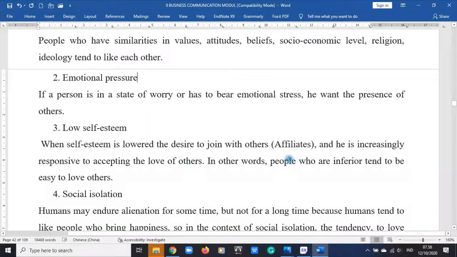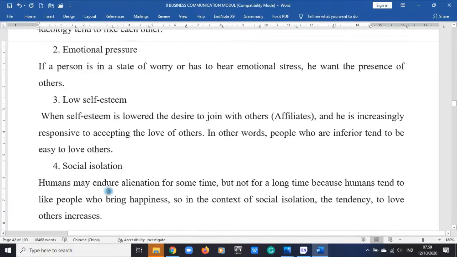In other words, people who feel inferior tend to easily love others. When somebody has low self-esteem, usually they will only follow other people. They will tend to love other people, because they do not love themselves. That's why they try to only follow other people. I believe that all of you are not like this.